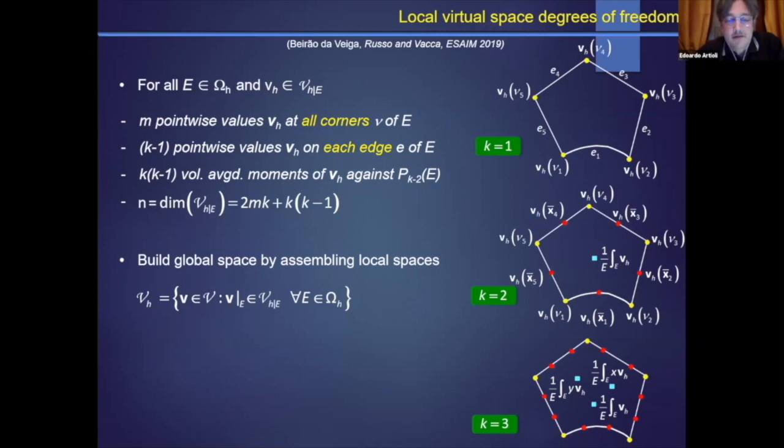And for k greater than 1, we also have the interior degrees of freedom, namely the area average moments against P_{k-2}. So basically pretty much similar to a standard conforming VEM, for which, through boundary degrees of freedom, we come up with a global space by gluing through the boundary degrees of freedom at the local element level.